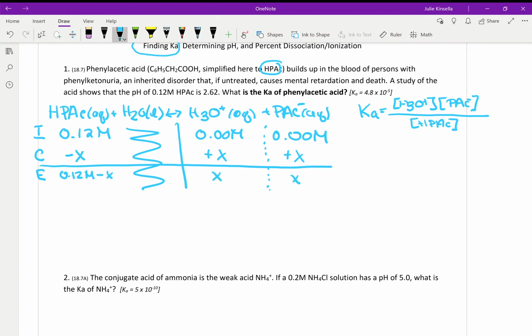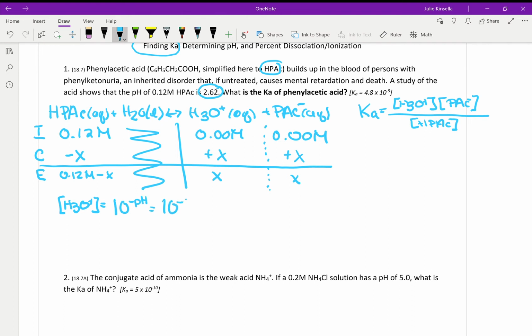All right, so we have our balanced equation, our ice table set up, and our Ka expression. In order to go from here, we're going to focus in on our hydronium ion concentration, which we're going to get from the pH value. Based on our earlier work last week, we can find that hydronium ion concentration by doing 10 raised to the negative pH.